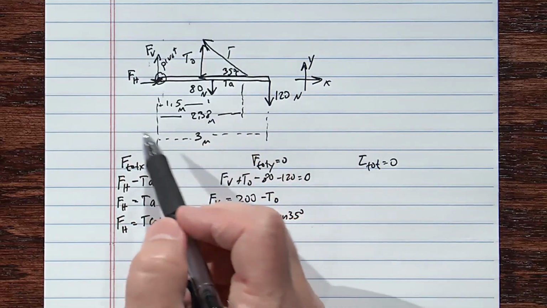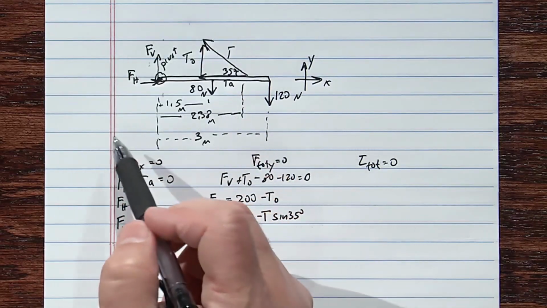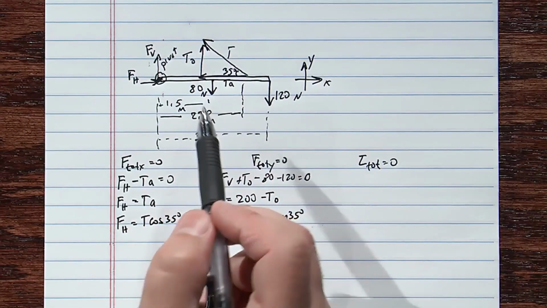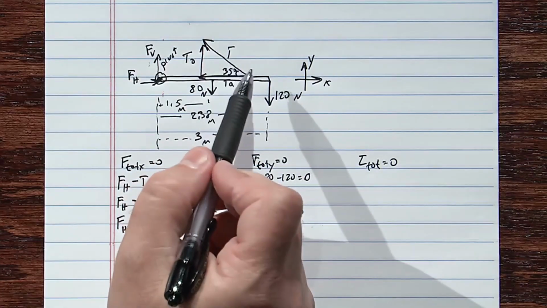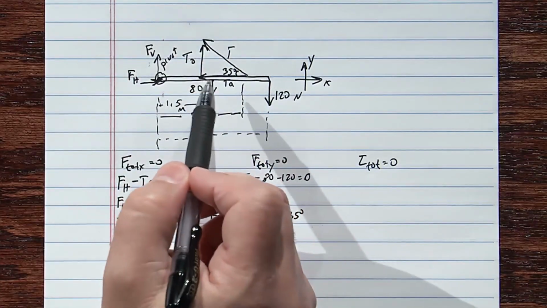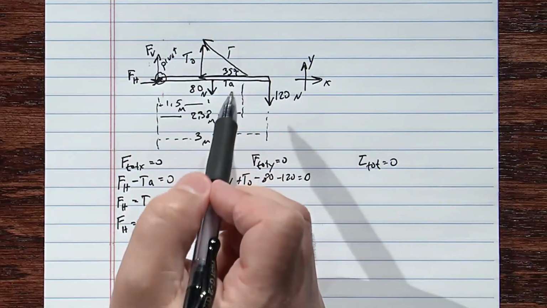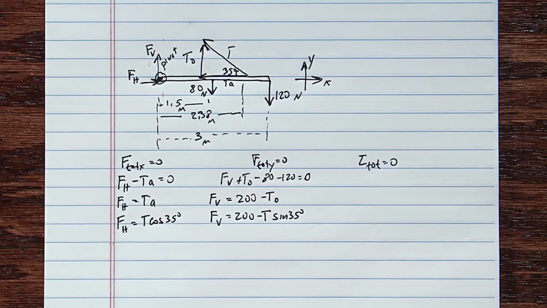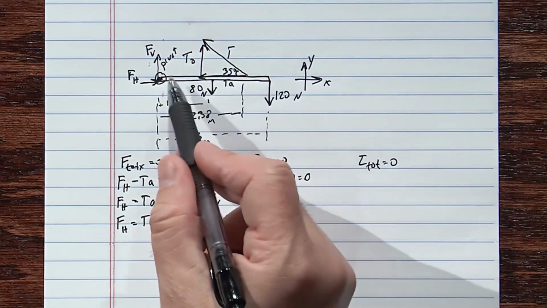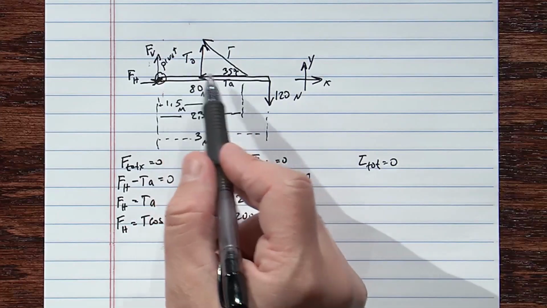So tension is our positive torque, 80 newtons and 120 newtons are negative torques. And remember, torque is equal to force times distance times the sine of the angle between the force and the line leading directly to the pivot.